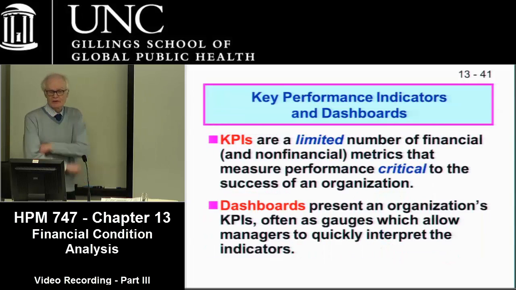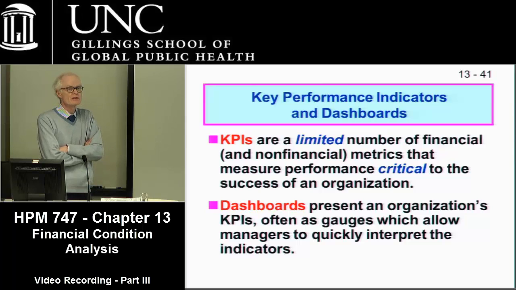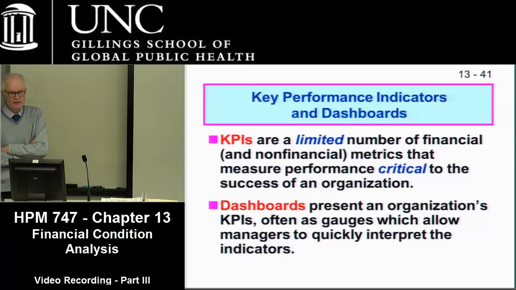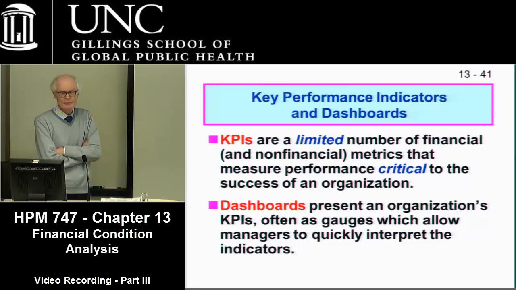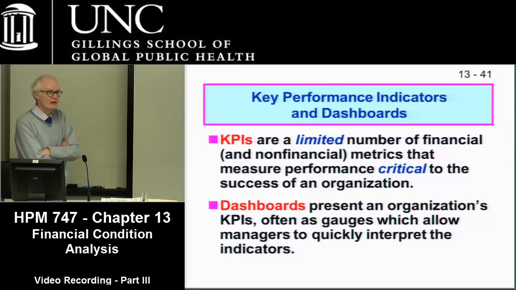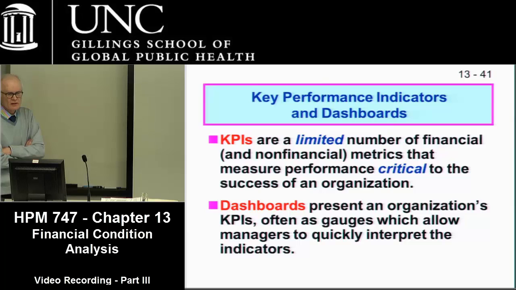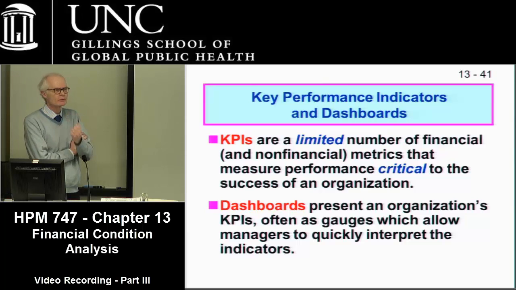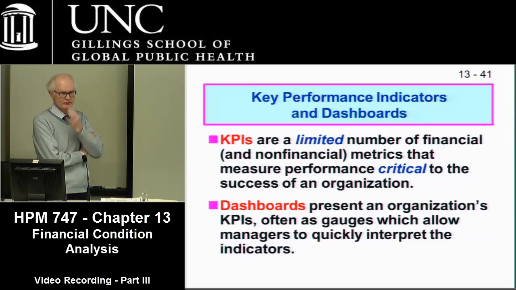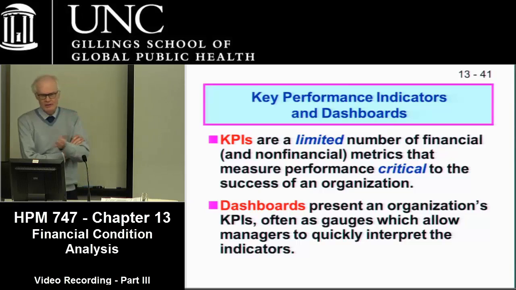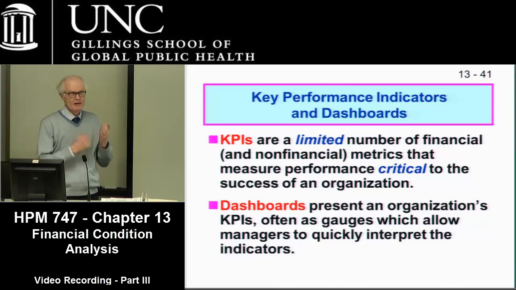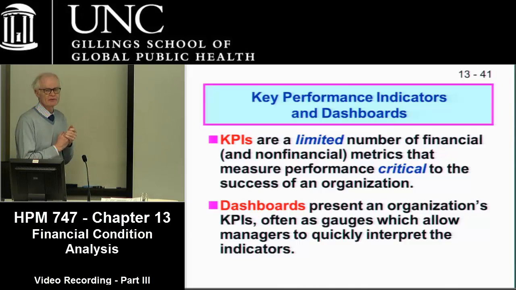Key performance indicators and dashboards. Again, these are buzzwords that you hear a lot these days. Key performance indicators are essentially a small number of financial indicators that measure the performance that is absolutely critical to the success of the organization. So at Piedmont, I helped the CFO develop their dashboard, which has 13 key performance indicators on it.